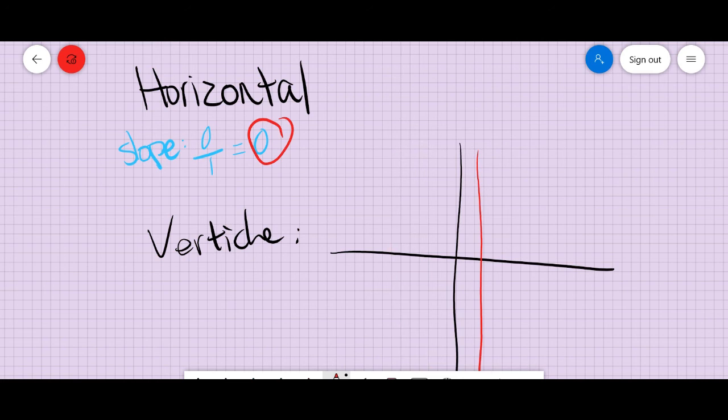So when it looks like this, when y changes 1, x does not move. So the slope of this vertical line will be 1 over 0, because y moves 1, x does not move. But everyone knows that 1 over 0 is undefined. So the slope is undefined for a vertical line.